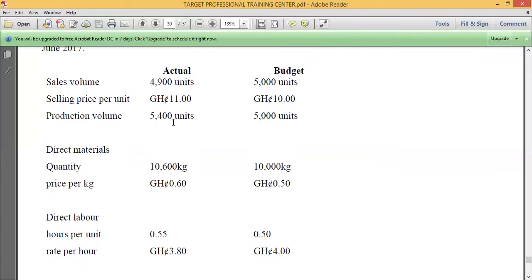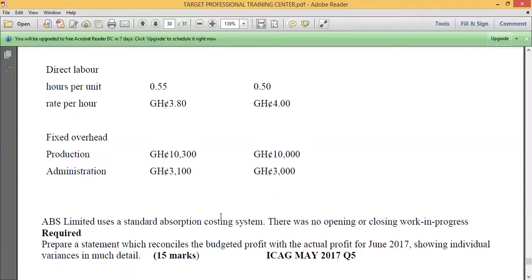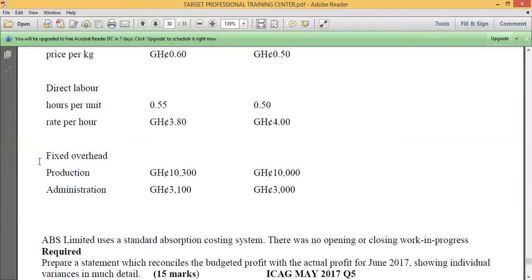So first of all, we have to calculate the budgeted profit. So what is the budgeted profit? How do you get the budgeted profit? Because we are calculating an operating statement, we need a budgeted profit. Now it is a budgeted profit before admin cost. It should be after production overhead, but before admin.